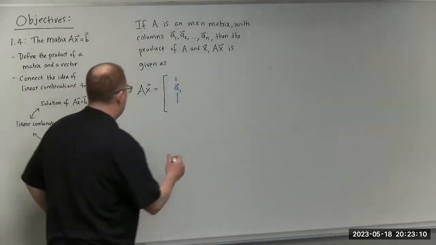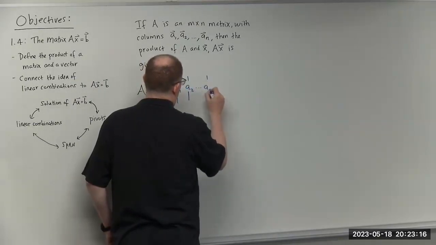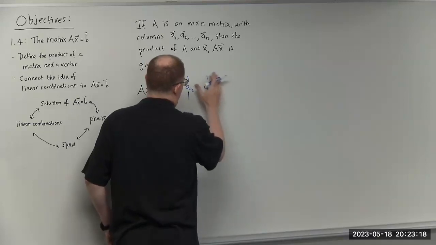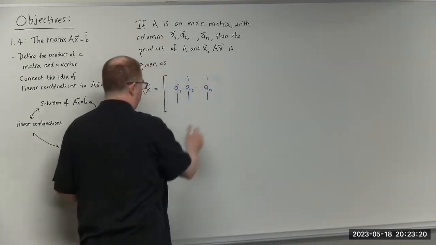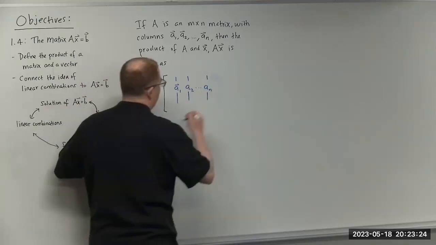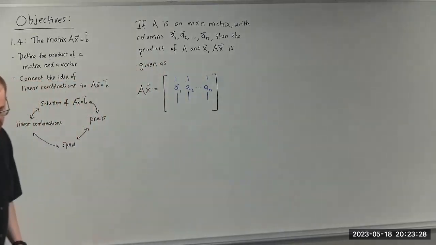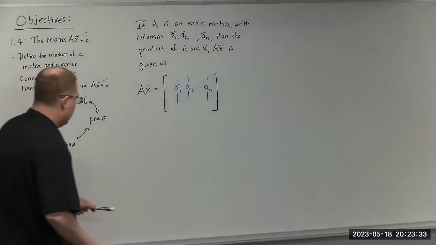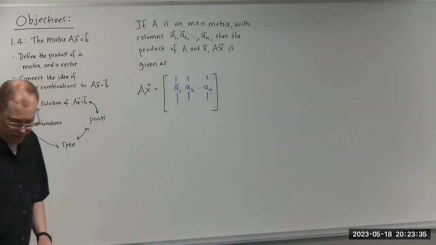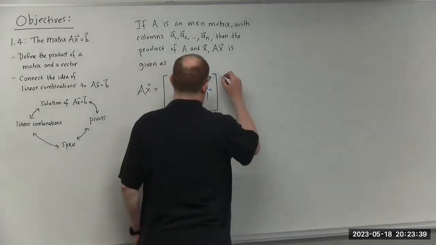Okay, the next one we have is A2, and then so on. So we do have other column vectors involved. That's what this dot dot dot means. And then we just close that out. Okay. All right, so there's our matrix, and then we have our vector. Let's go ahead and write that out here.